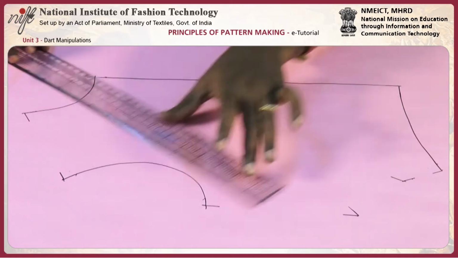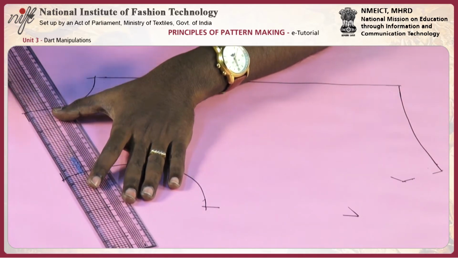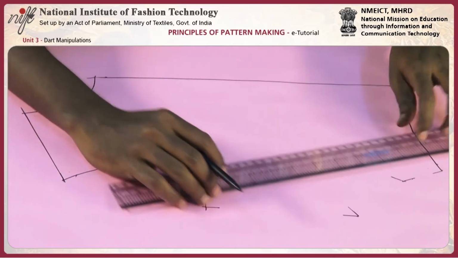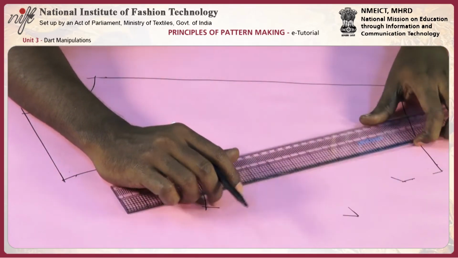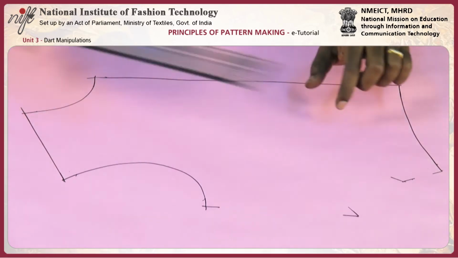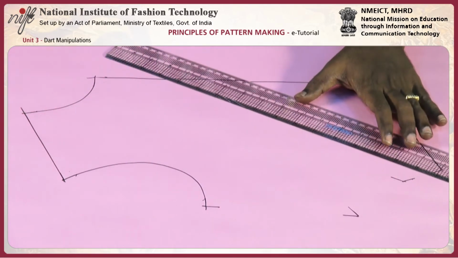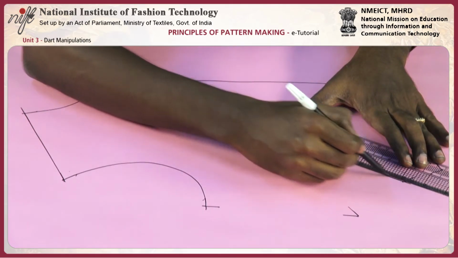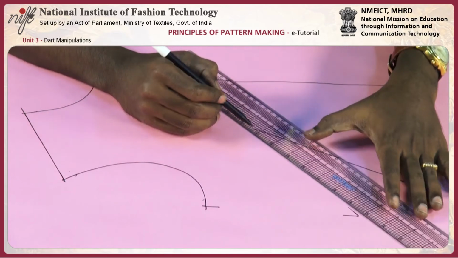Connect the center front line. Join the dot to the bust point. This will make a dot leg.